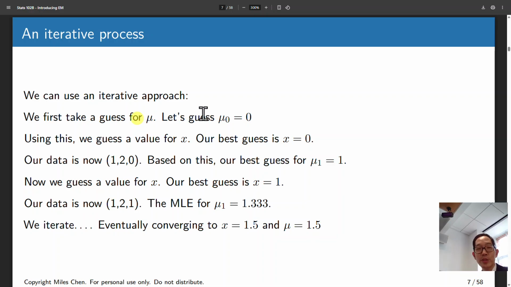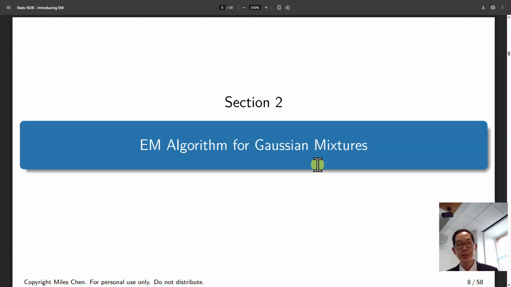Okay, so in our case, the E step is estimating your missing values of x, and then your M step is updating your unknown parameter to be your maximum likelihood estimate. So that's how it goes, and you iterate back and forth between these two steps of updating your missing values and then updating your parameter guesses.